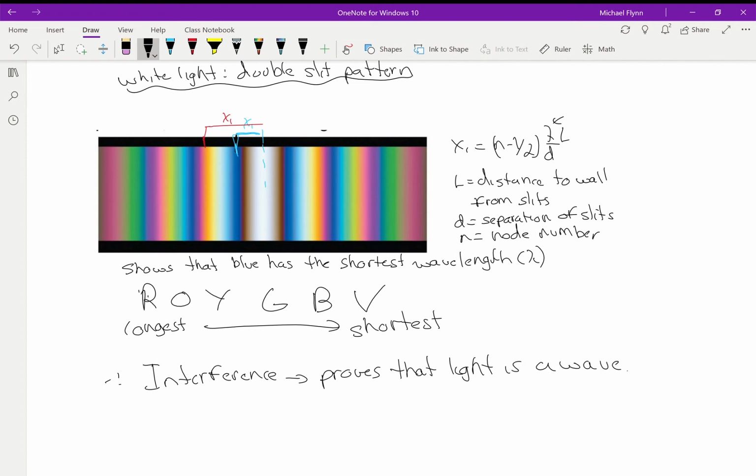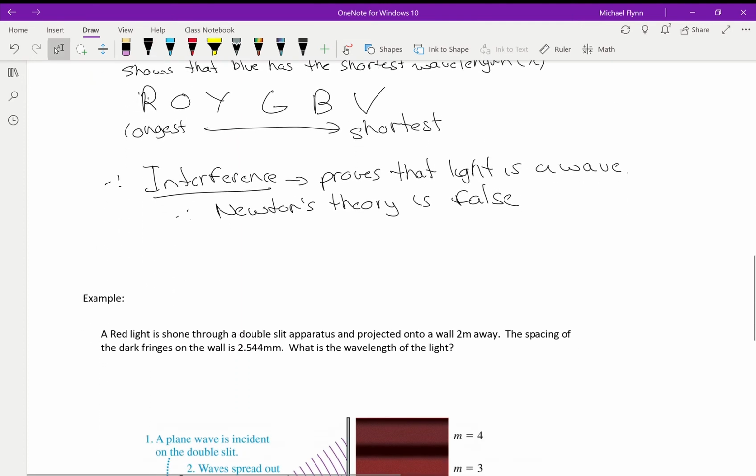And Newton's theory, which was taught in schools up to this point, was totally falsified. Therefore, Newton's theory is false. Okay, case closed. So that's why this experiment was so important.